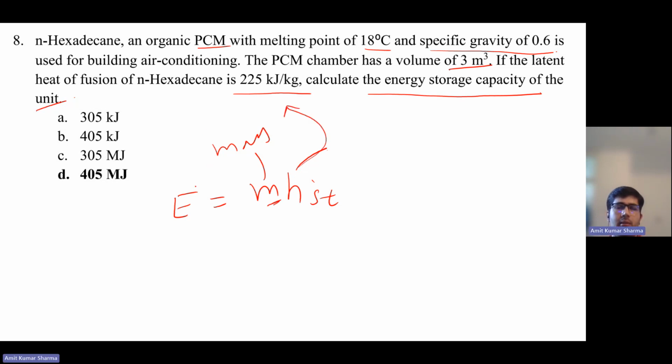To find out the mass, you have been given volume and specific gravity. I think from that you can find out the mass. So maybe we can write mass as rho V. So I think now we have H, we have V volume, now density, but we have been given the specific gravity. So now let me know the answer.